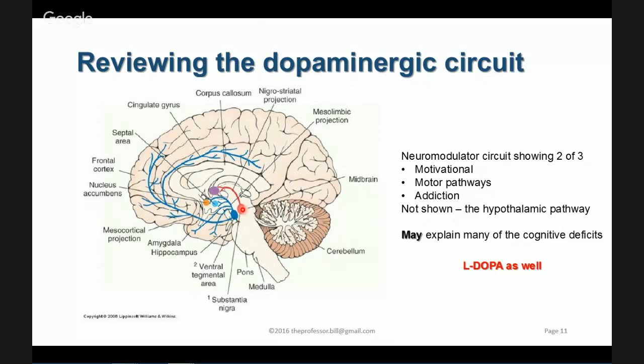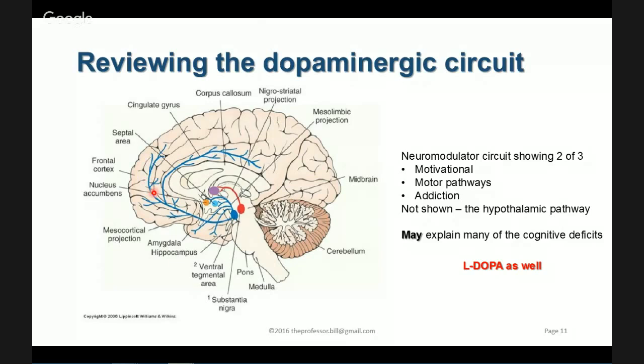This is one cluster that produces dopamine, and this cluster down here is another, and the substantia nigra is involved in the motor pathway. We're not going to talk very much about this, but this one down here, the ventral tegmental area, you can see that it sends its projections to these areas of the brain.